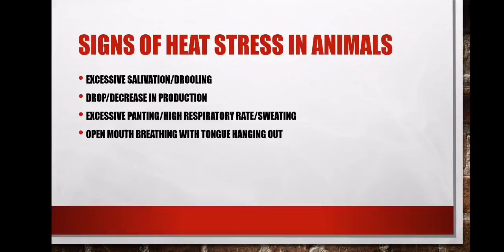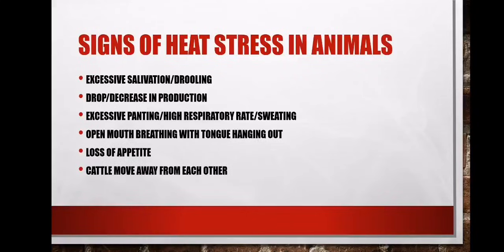There will be opening of the mouth when breathing, tongue hanging out. We can have loss of appetite. We can have chickens that move away from each other, trying to control their temperature. It can also be restlessness, and then it can also seek shade. Okay, fine. You can read these ones on your own.